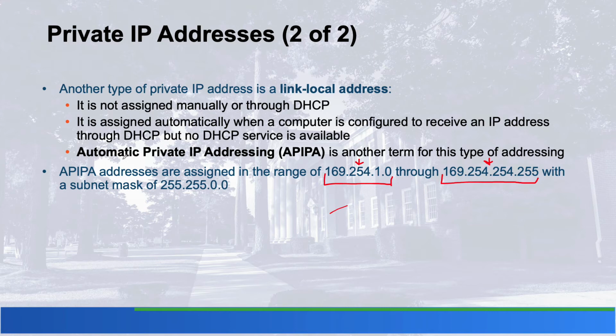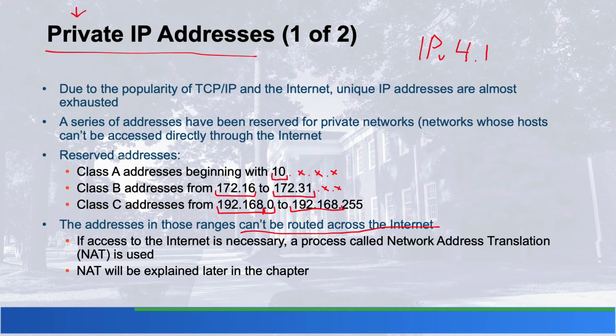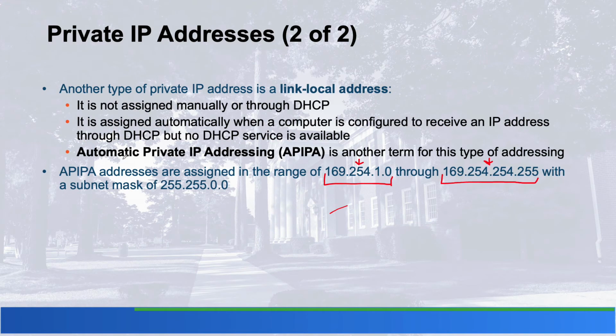So there are four ranges that we need to be aware of. We've got the 10 network, we've got 172.16 through 172.31, then anything that starts with 192.168, and then this last one, 169.254.